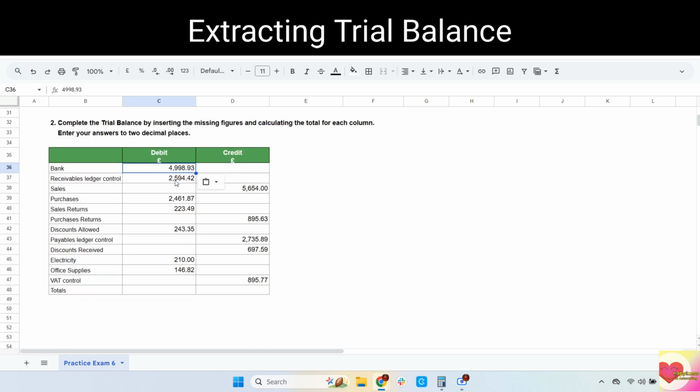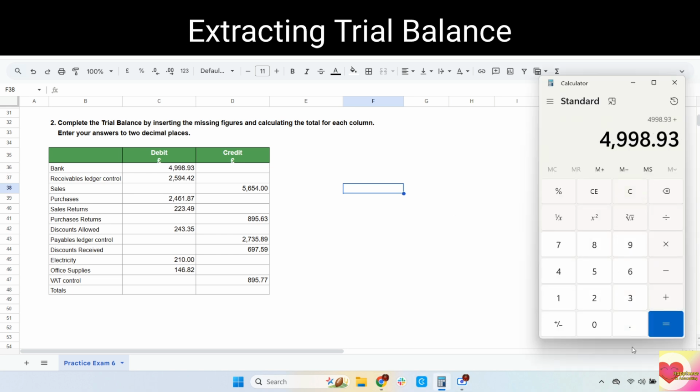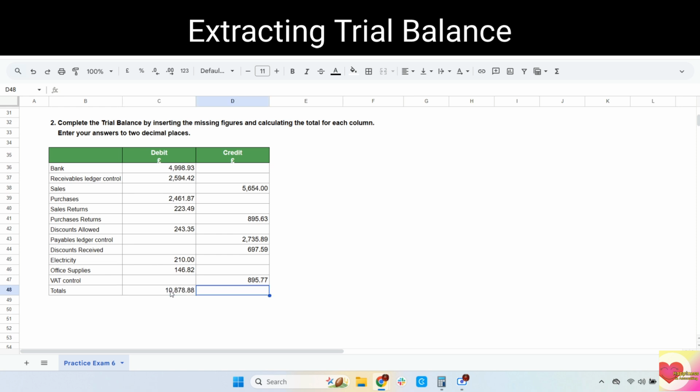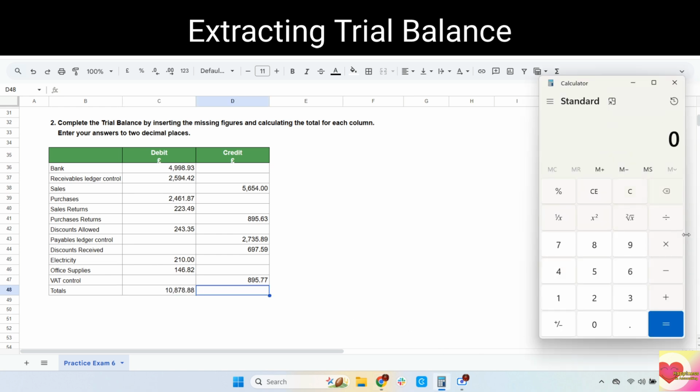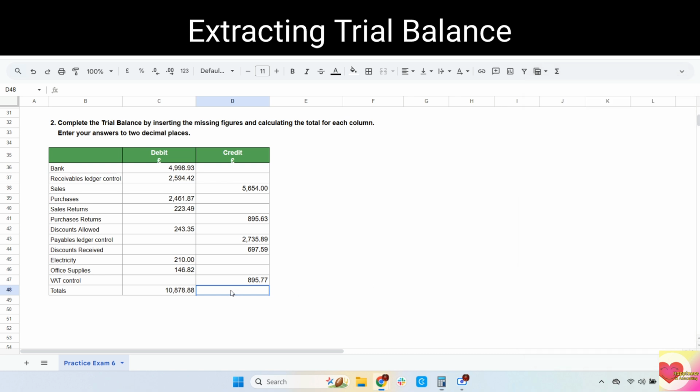And then we have to calculate the total for each column. And the total of the debit should be equal to credit.